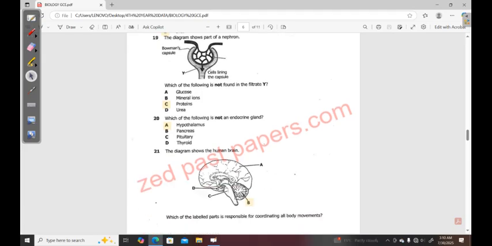All right, 19. The diagram shows part of a nephron. Which of the following is not found in the filtrate? Why? Okay, so this is your Bowman's capsule, and there is glomerular filtration occurring. So what's not found in Y? It's proteins because of their molecular size.